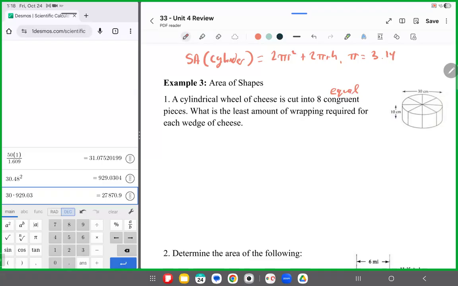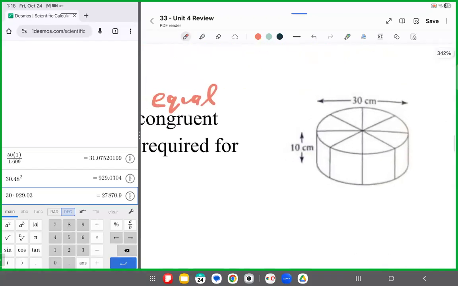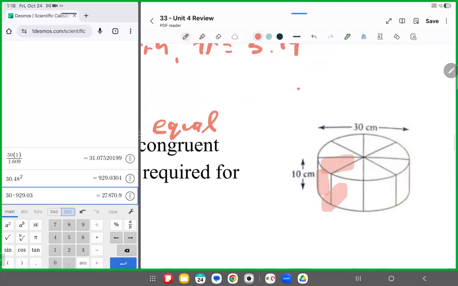Now, what do we need to do here? So that's what we need in order to get started. So here we're talking about this cylinder piece of cheese here. So keep in mind, we can take out this cylinder, right? So here we're going to have the side, the top, the side, as well as the bottom. But when we take out one of these cylinders, we're also going to need the two sides of the wall.